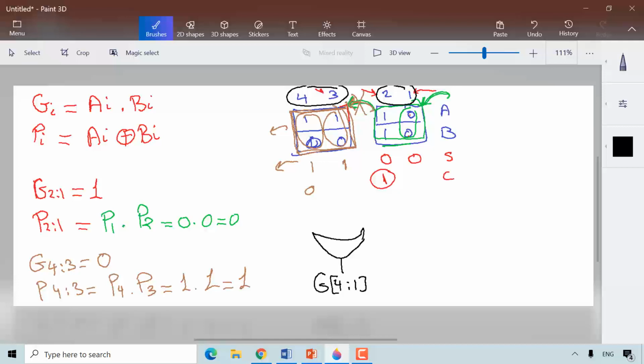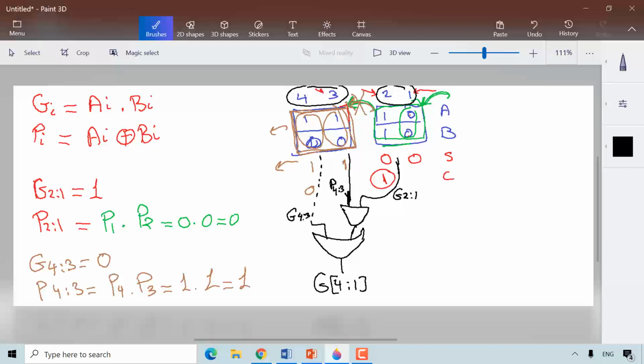If I have a generate from bit 4 to 3, if I can generate from here, or if I have a generate from bit 2 to 1 and I was able to propagate it through 4 and 3.